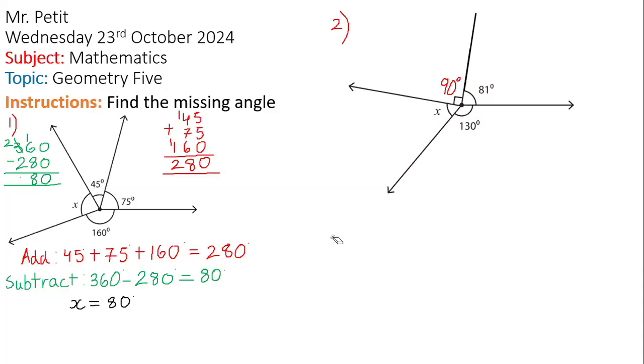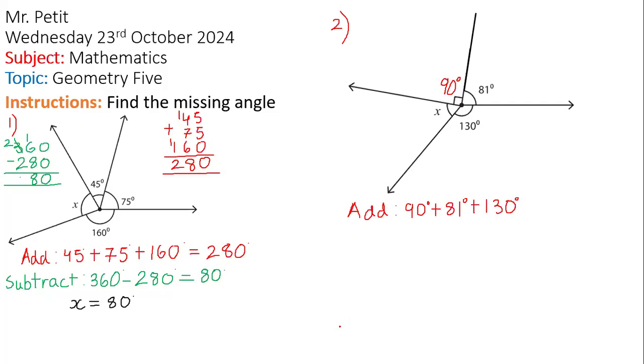So we're going to add 90 degrees. We got the 90 because of the box here. So the box means 90 degrees, plus 81 degrees, plus 130 degrees, which is 301 degrees.